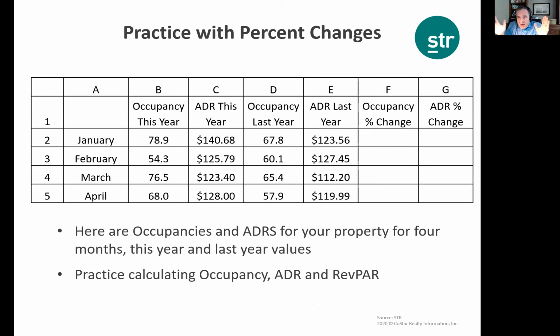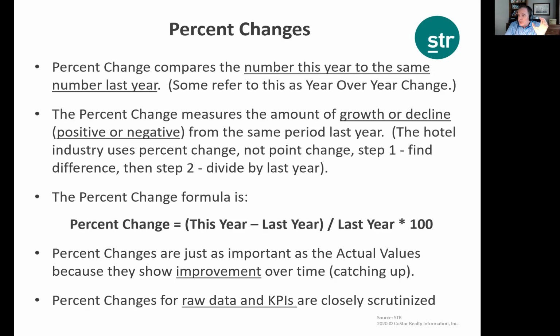If we're using a calculator, then it's very easy. Notice the formula has the parentheses in it. Now those parentheses are very important if you're putting a formula into Excel. Remember, the parentheses enforce the order of operations. And it says step 1, find the difference. This year minus last year.